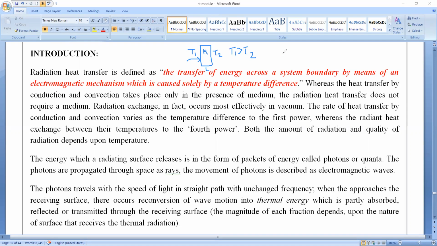Similarly, for convection, if we consider this solid plate which is maintained at temperature Ts, where Ts is the surface temperature of this solid, and let us consider Ta, the ambient or surrounding temperature. Let us consider water which is flowing over the surface.